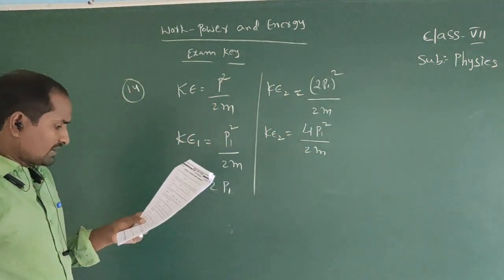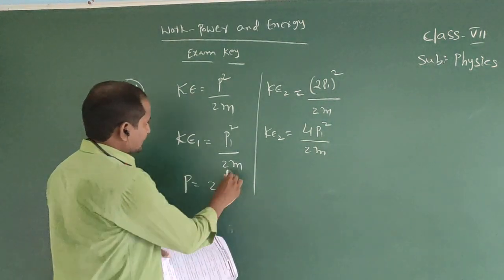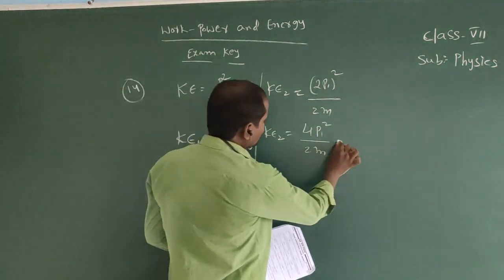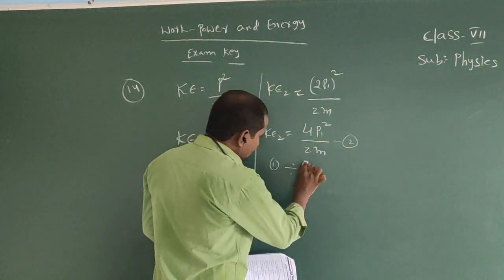So here our aim is to find the ratio between kinetic energy 1 and 2. So equation number 1 divided by equation number 2.